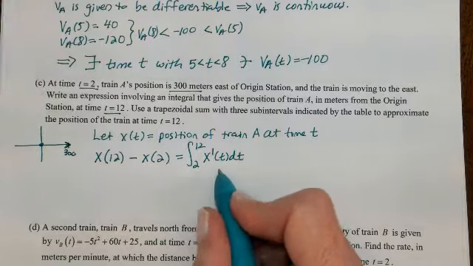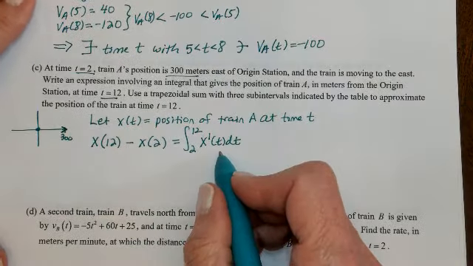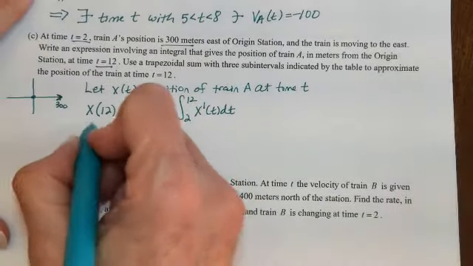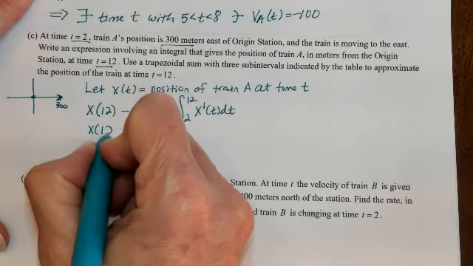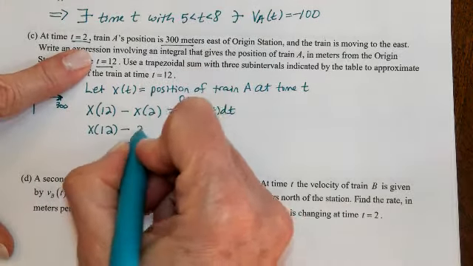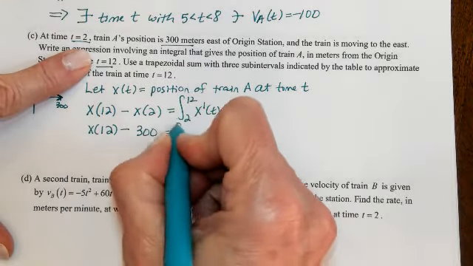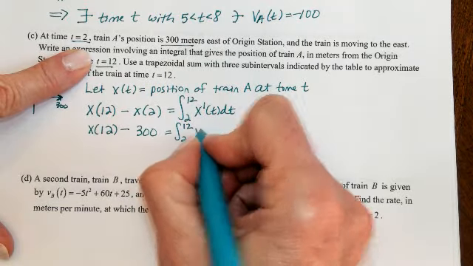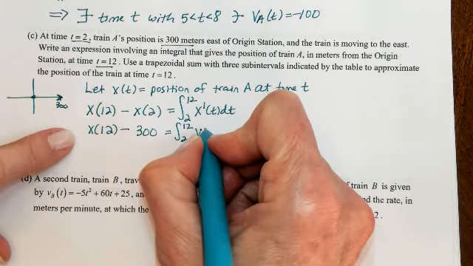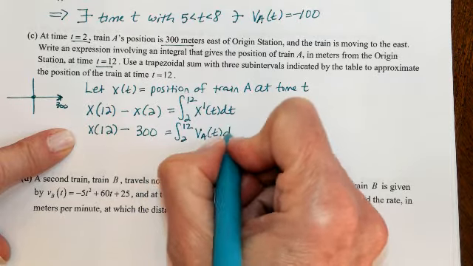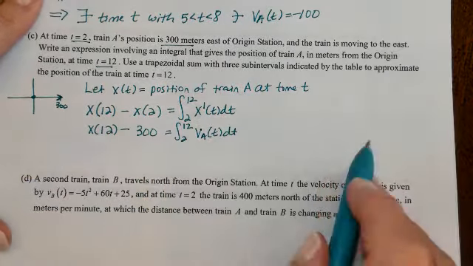But x prime is our velocity function, right? So x prime is v sub a of t. So I will say that x of 12 minus 300 is equal to the integral from 2 to 12 of v sub a of t.